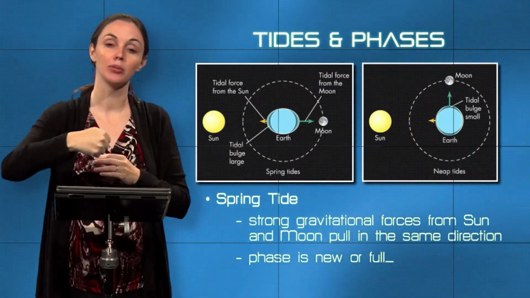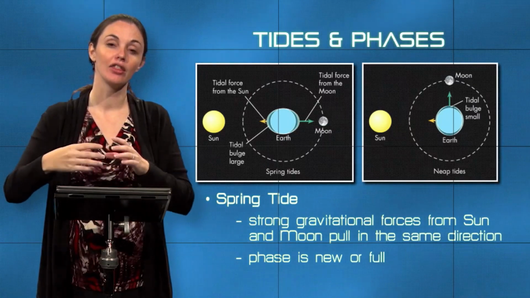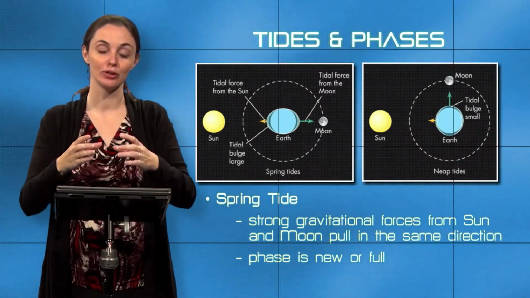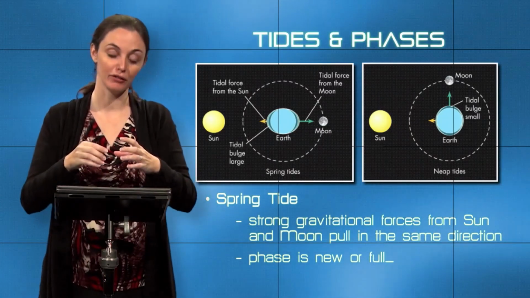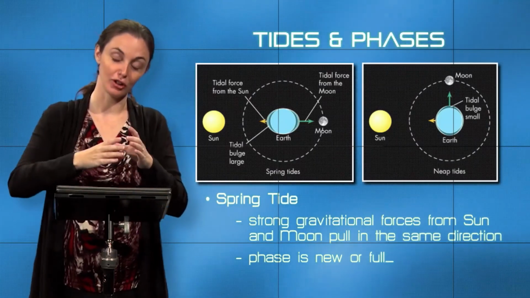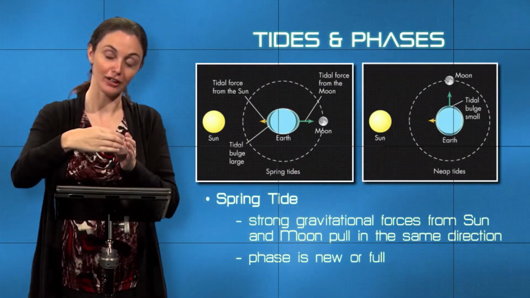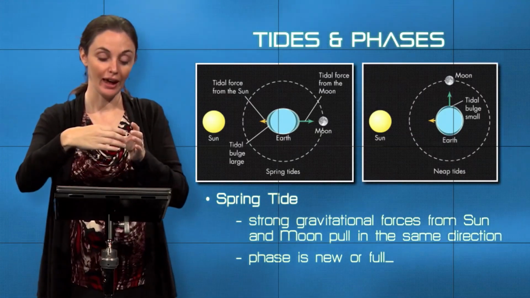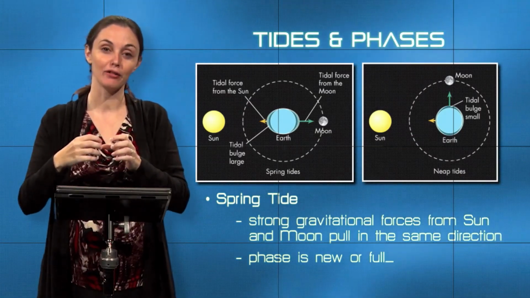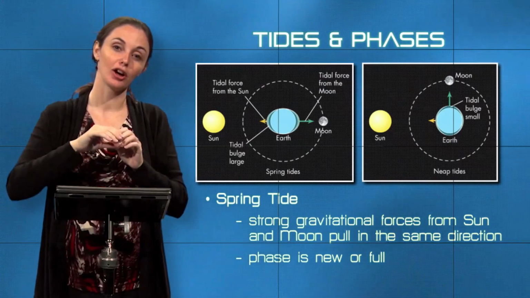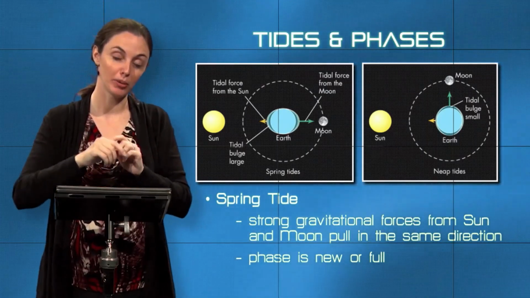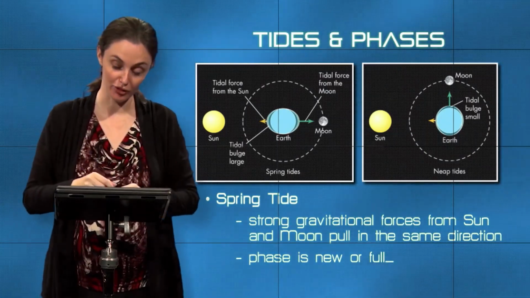So the moon is going to be pulling in that same direction. The tidal ellipse is going to occur because of the Earth's rotation. It's going to create that effect of the tidal ellipse and the tidal bulge. And this is going to have that ellipse occur in the same direction, both because of the influence of the moon and the influence of the sun.